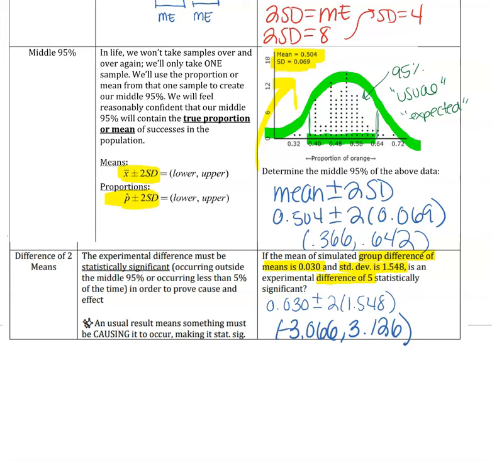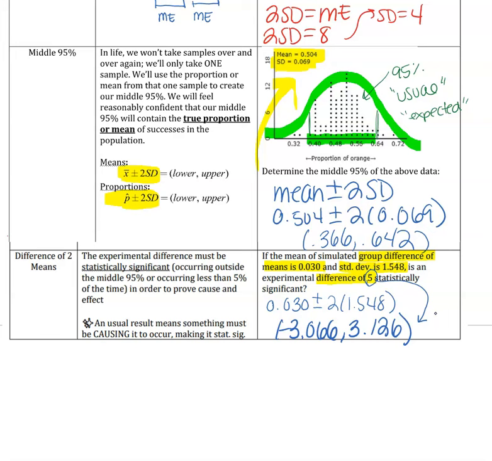I came up with a randomized distribution of the differences of their weights, and I figured out what's expected for randomness alone to get my middle 95. Now, if your experimental difference to start was 5, which is outside of that middle 95 of what's expected, that would be rare for that to happen based on random chance alone in my one experimental trial. So what that's telling me is something must be causing that difference of 5 to happen.